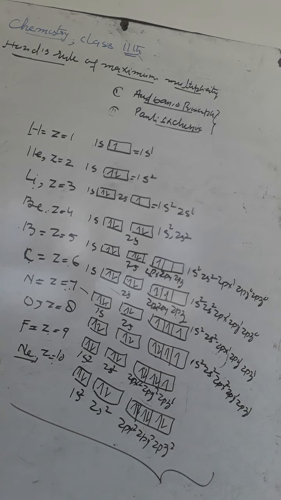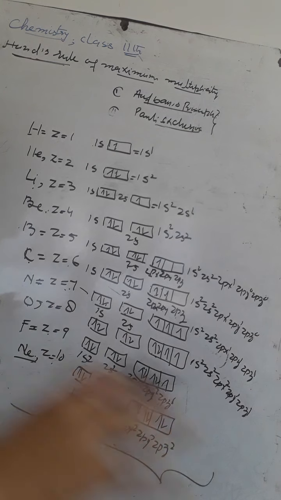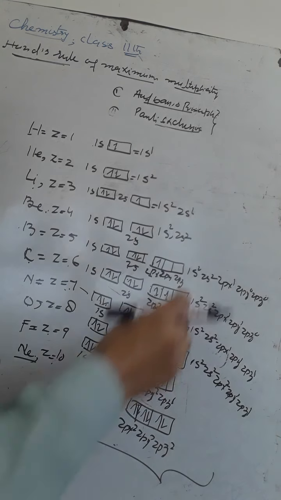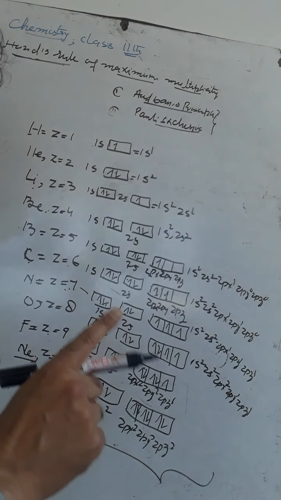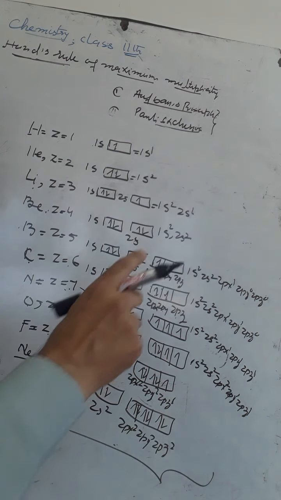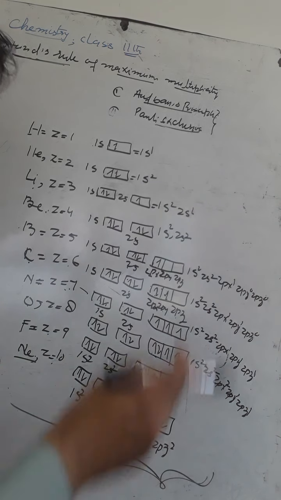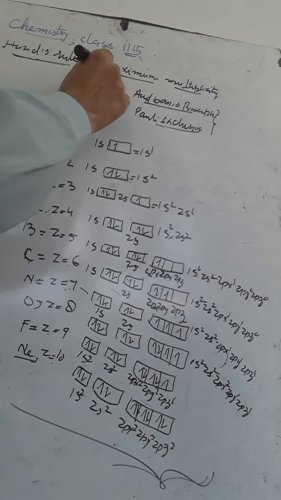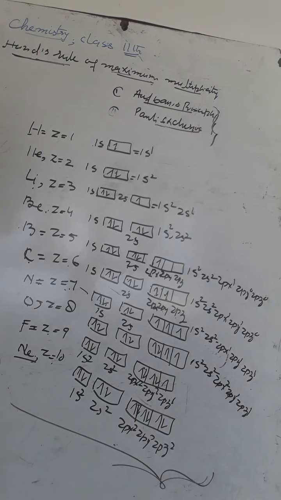It is all about Hund's rule of maximum multiplicity, that no electron pairing takes place in the orbitals of the same subshell until each orbital can get one electron, because the orbitals of the same subshell have the same energy and are called degenerate orbitals, right? It is all about Hund's rule of maximum multiplicity. You follow me? Copy it, note it, and it's all for today. Thanks.